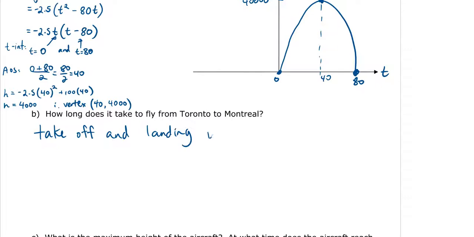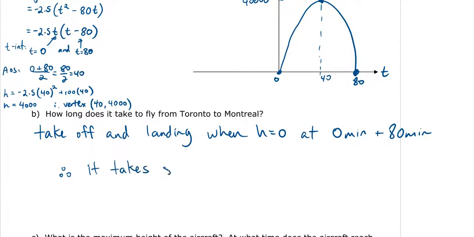So that's when the height equals 0. And this happens at 0 minutes and 80 minutes. So therefore, it takes 80 minutes to fly from Toronto to Montreal.